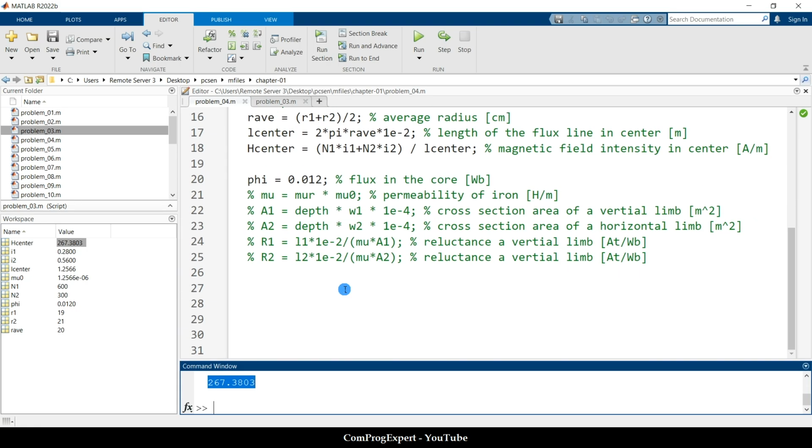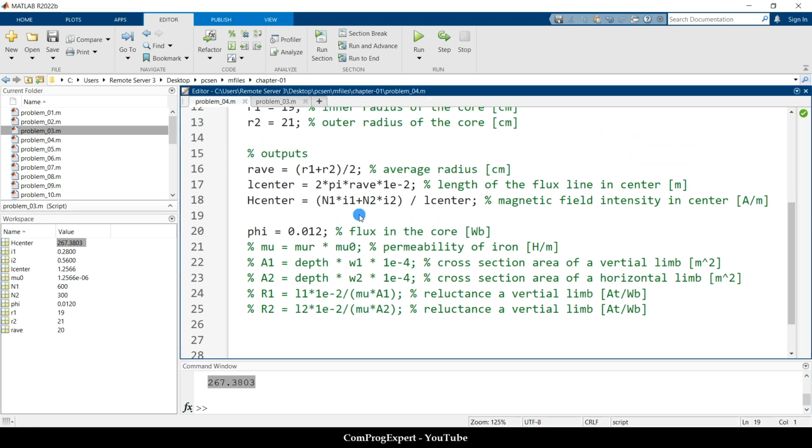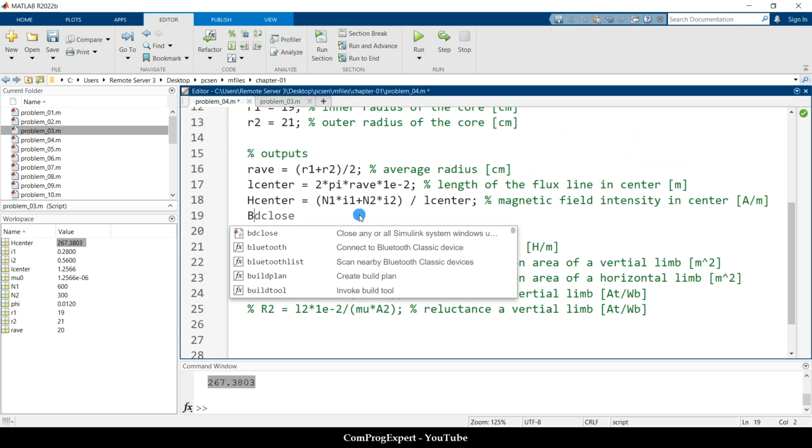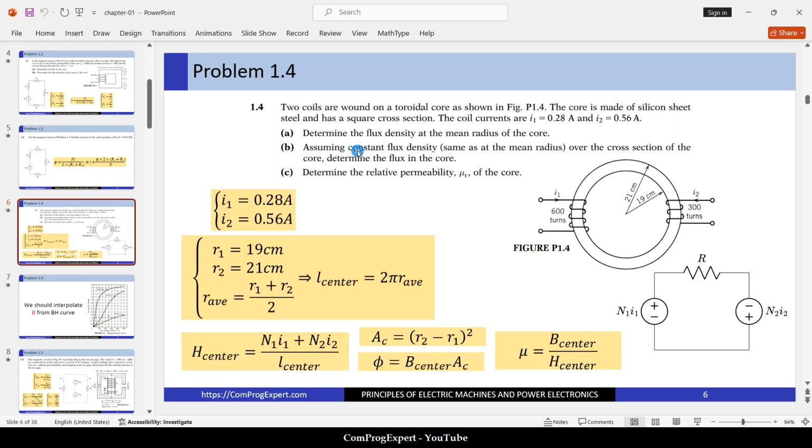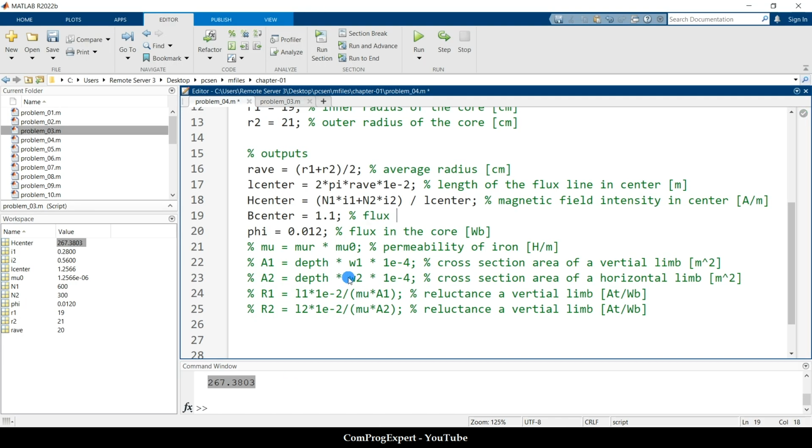If I write here B center, after interpolation, B center equal to 1.1 Tesla. This is the flux density. Determine the flux density at the mean radius of the core. So this is the flux density at the mean radius.